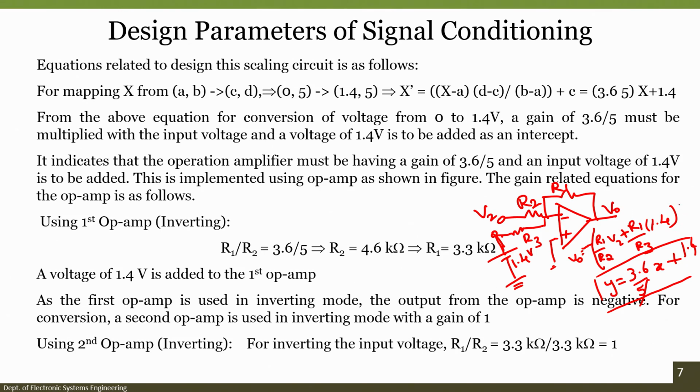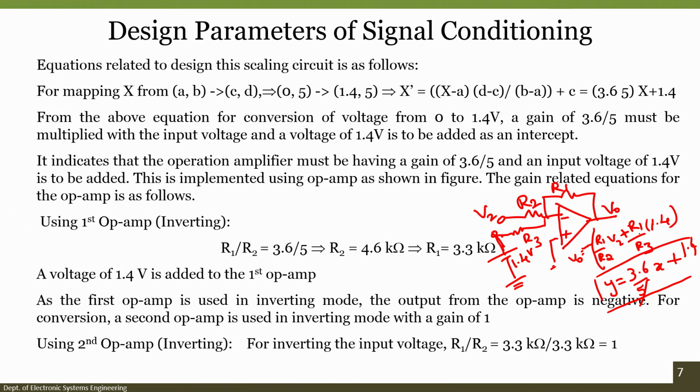And how do you get just 1.4? One way of getting just 1.4 volts here is to consider R1 and R3 as equal resistances, so that the ratio of R1 by R3 is 1. Consider you choose both of these to have a common resistance.